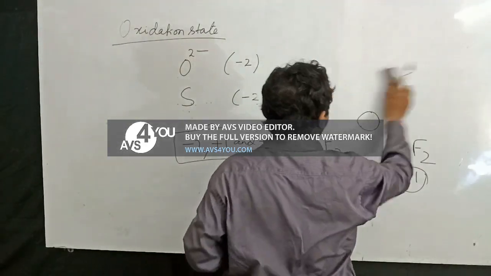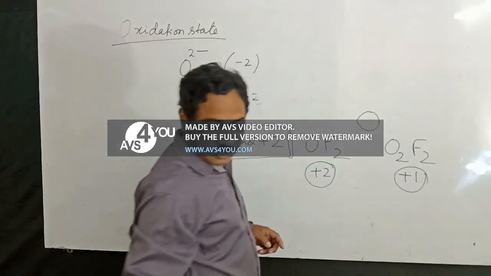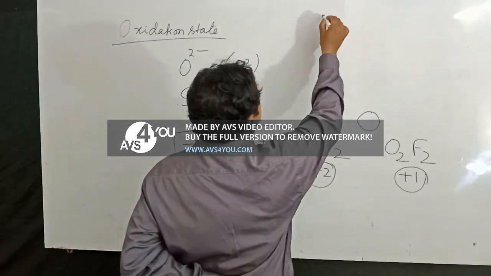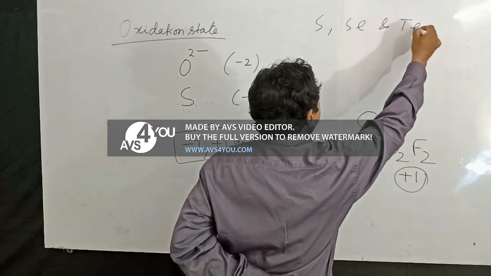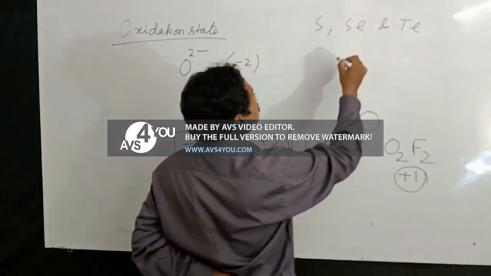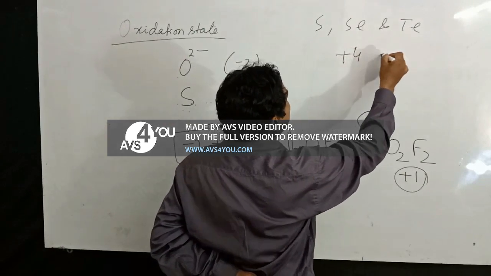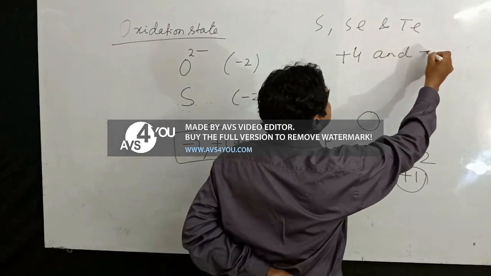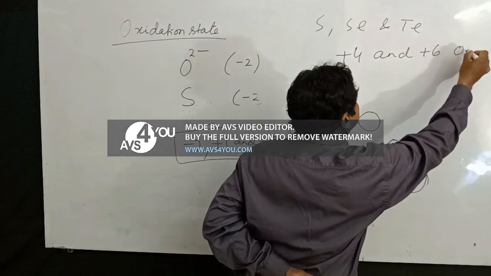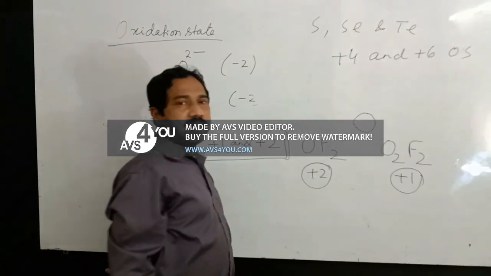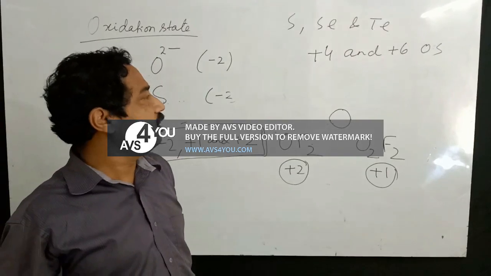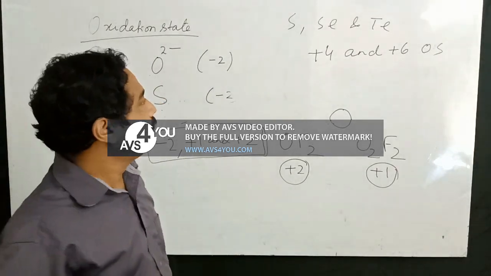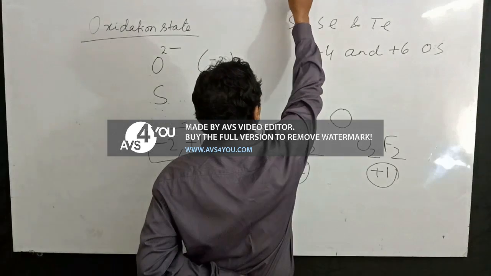Except oxygen, the other elements sulfur, selenium and tellurium can show +4 and +6 oxidation states. That means they can extend their oxidation number or valency up to 6.